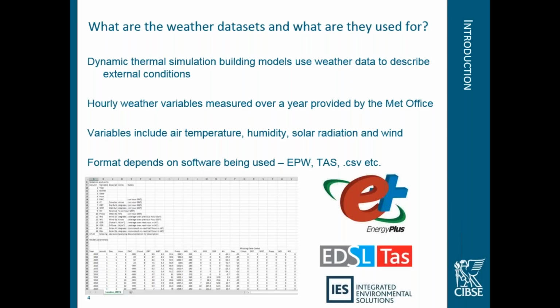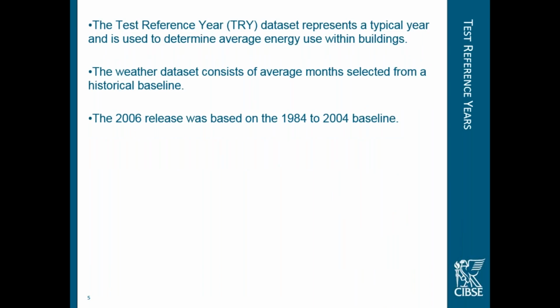And the weather variables include air temperature, humidity, solar radiation, and wind. The weather data sets come in various formats depending on which software you're using. And we have some examples of the software and the format that they are available for.